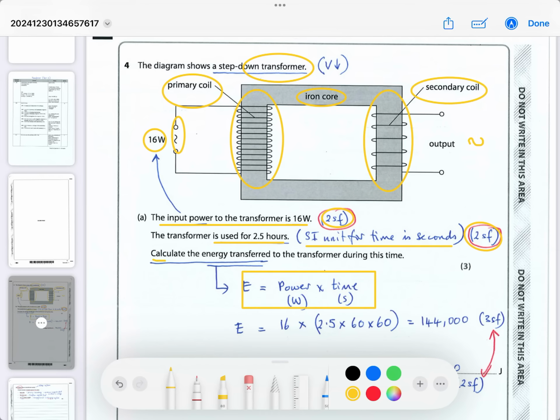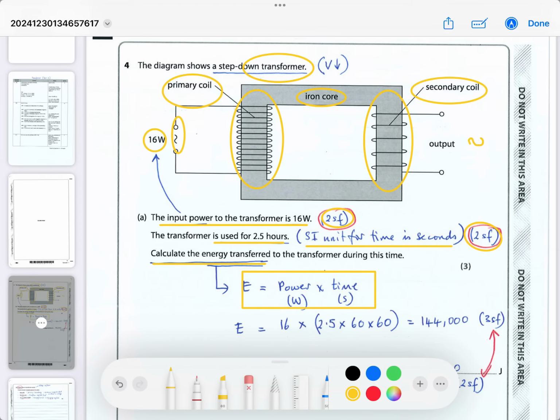So they want you to calculate the energy transferred, knowing the power, which is a rate of use of energy, to the transformer. So you've got 16 watts of AC electricity going in, so we know the power in watts, and we know the time in hours.